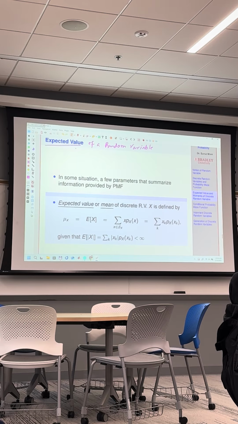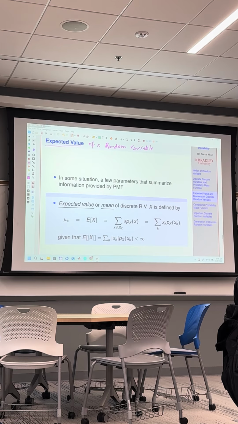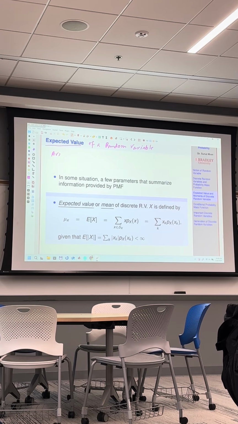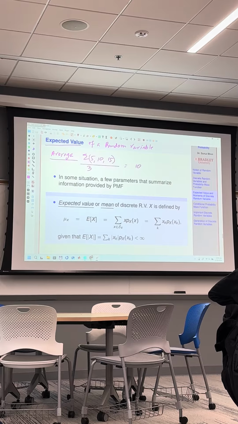You already know the word average. You know what average is: the average of a bunch of numbers, for example 5, 10, 15. You sum them up and divide by the number of elements. So you are already familiar with average.